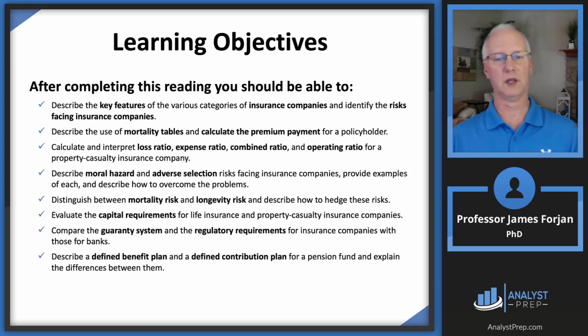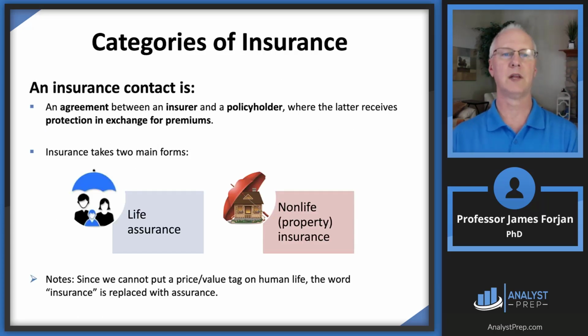And these things are really important in terms of risk management as it applies to lots and lots of different types of contracts. We'll distinguish between mortality and longevity risks. We'll talk about capital requirements, some regulatory requirements, and then we'll get to the pensions at the end. Let's go ahead and start with categories of insurance.